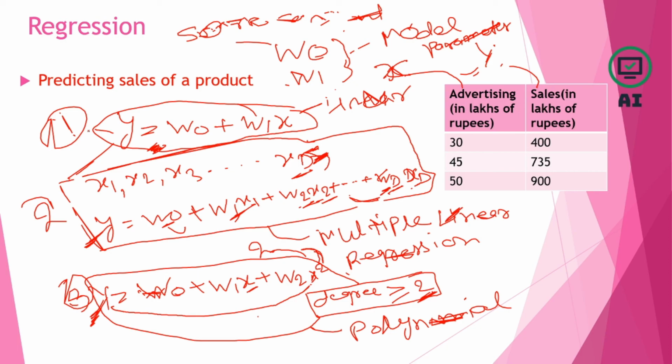If the target attribute y is polynomially related to the features where the degree of the polynomial is greater than or equal to 2, then we say it is polynomial regression. I hope you have understood what is simple linear regression, what is multiple linear regression, and what is polynomial regression.